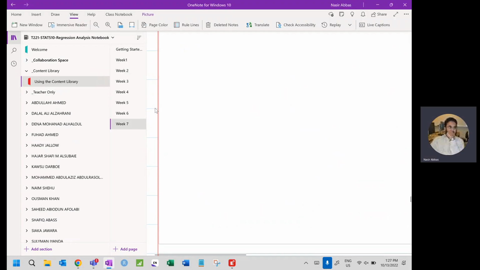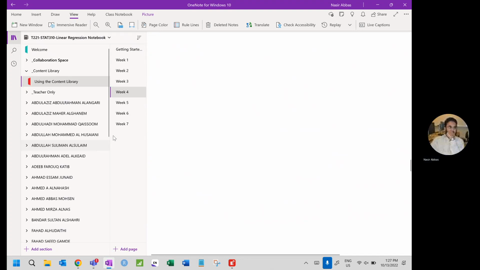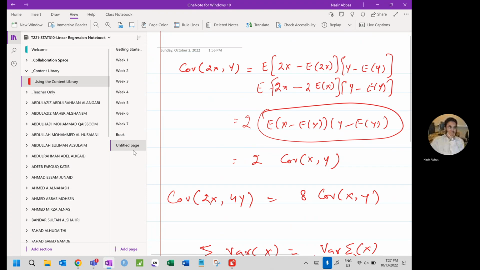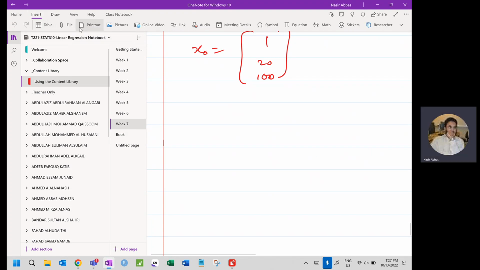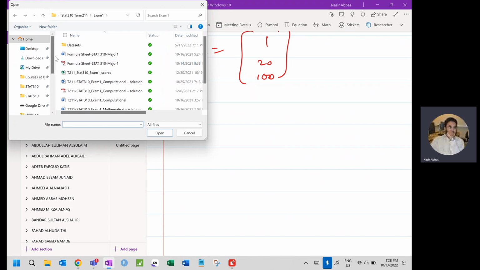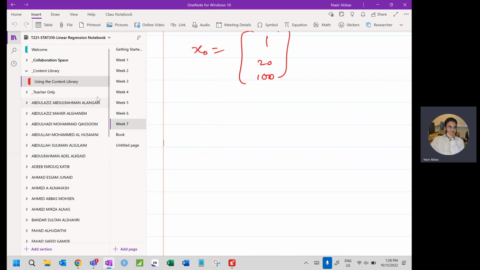Okay, do you want me to open another mathematical exam or the same computational for this one? Let's open the computational part of this one. For the computational, we will just scroll through.